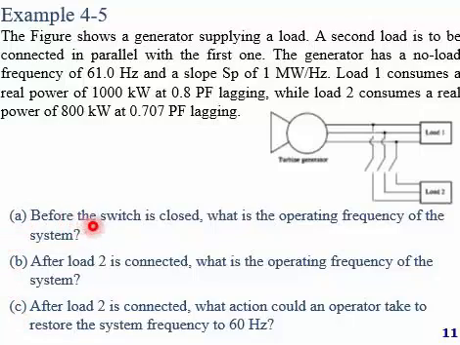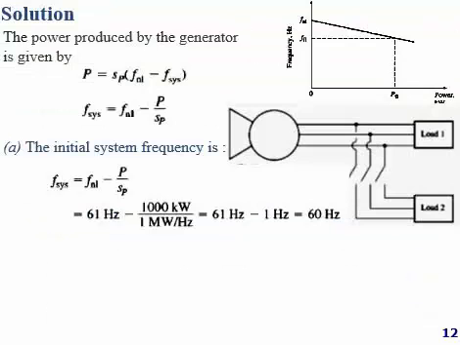In part A, before the switch is closed, what is the operating frequency of the system? After load 2 is connected, what will be the operating frequency of the system? And the third part is, after load 2 is connected, what action could an operator take to restore the system frequency to 60 Hz? The formula for power is P equals slope times the no load frequency minus the system frequency, Fsys.